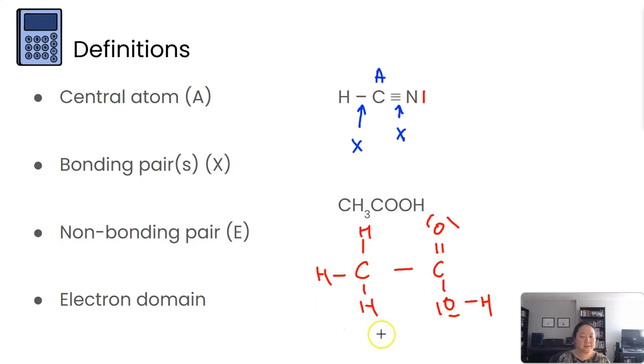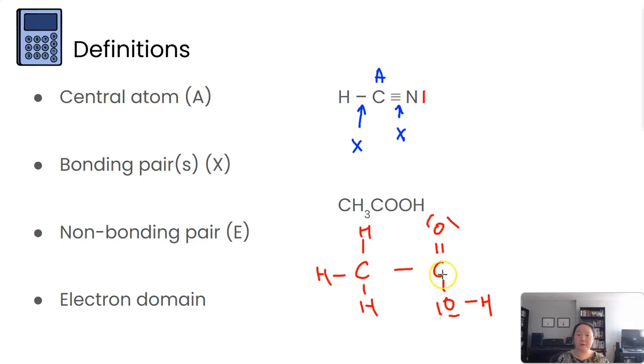If we look at a slightly more complicated molecule, there are several different atoms that could count as a central atom. This one has a bunch of stuff around it, so does this carbon, that oxygen as well. So if you're being asked for geometry in this particular molecule, you have to look at a specific atom.